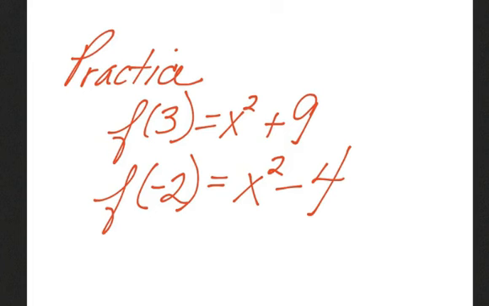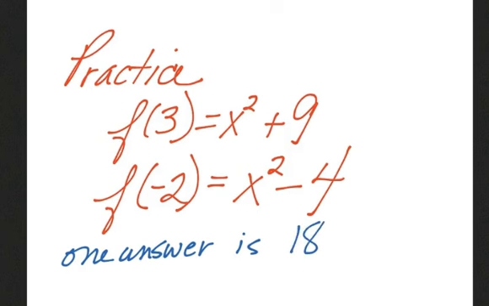So let's try a couple of those. So pause your video. When you turn back on your video, one of the answers is 18 and the other is 0. And now you have to decide how well you did.